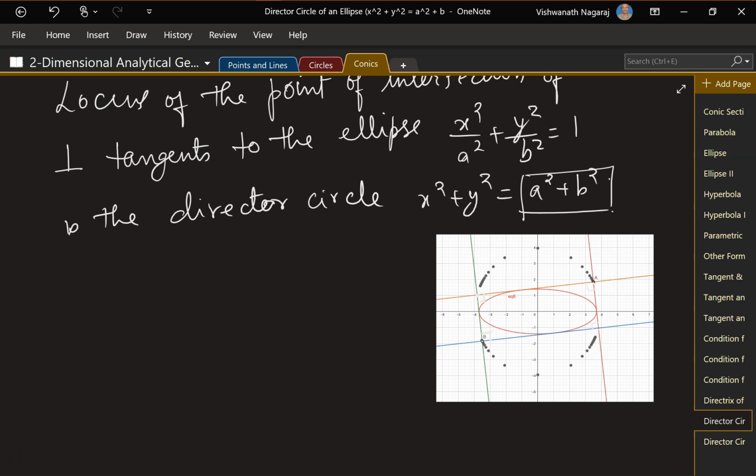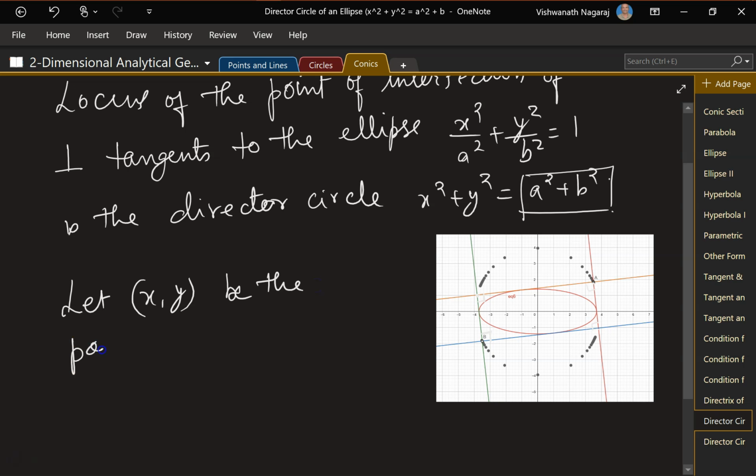So let's look at it analytically. Let x comma y be the point of intersection of perpendicular tangents. Since x and y we usually take for all points, let's take it as x1 y1.